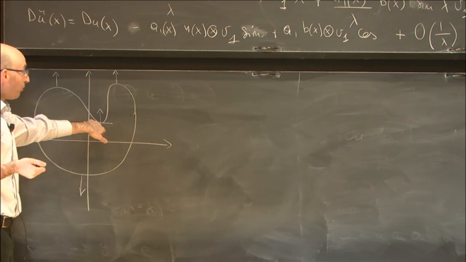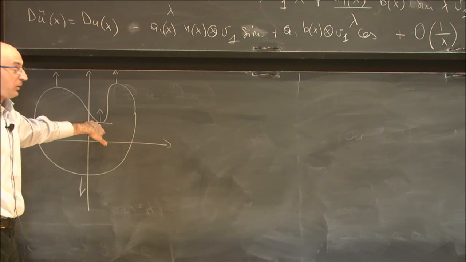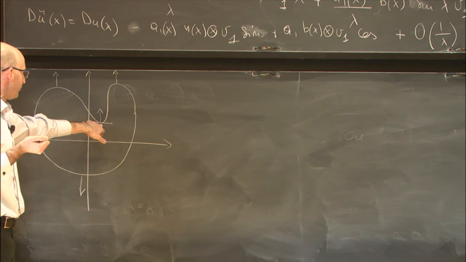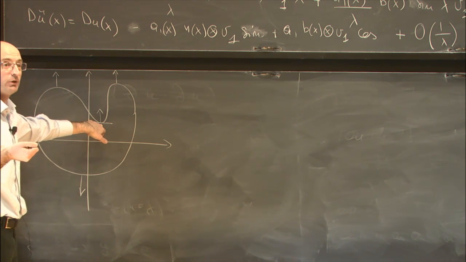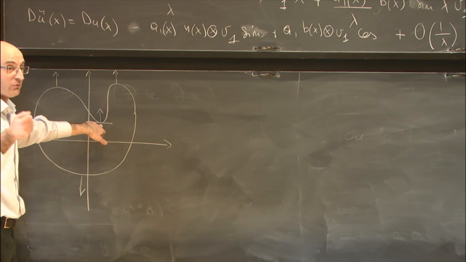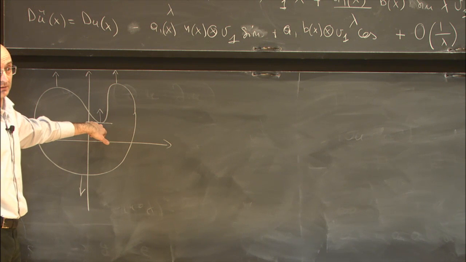Right. So now, what happens at the saddle point? Well, you see immediately that a saddle point corresponds to a point where the differential of the Gauss map cannot be positive definite.